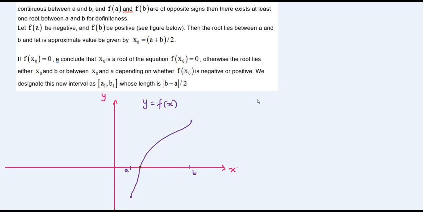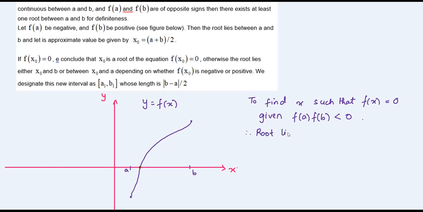So we need to find x such that f of x is 0, and the given condition is that f of a and f of b are of opposite signs. And so therefore the root lies in the open interval AB. That is for sure.